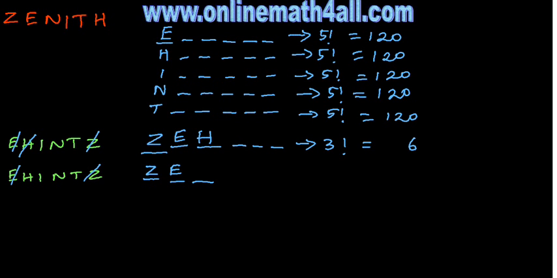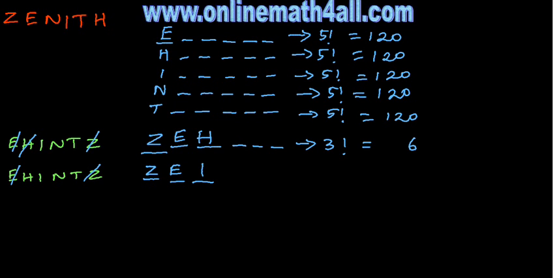In the remaining 4 letters H, I, N, T, H comes first in alphabetical order, but we have already taken H at the third place. So we should not consider H again at the third place; we have to consider the next letter which comes after H. It's very clear. I is the letter which comes after H, so I fill the third place with I.